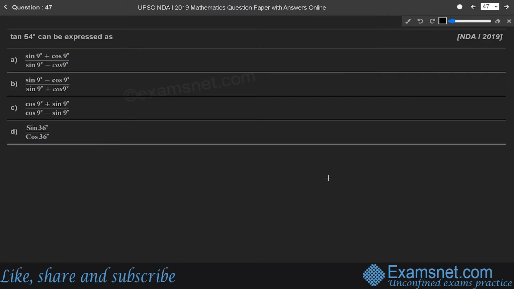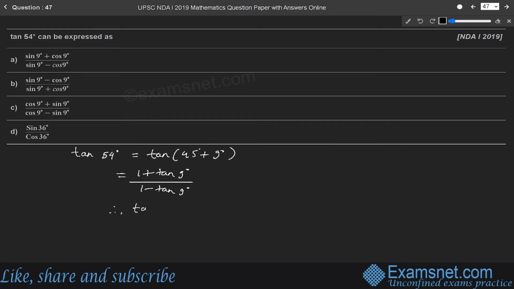Next question is, tan 54 degree can be expressed as, the given term is tan 54 degree. We know that it can be written as tan(45 plus 9). So further it will be (1 plus tan 9) upon (1 minus tan 9).